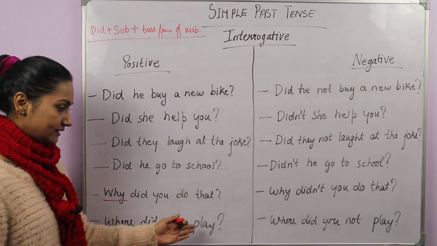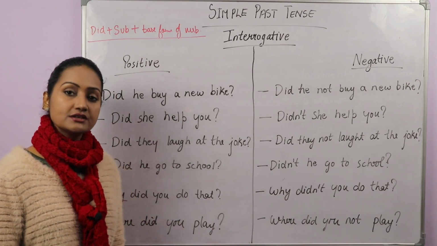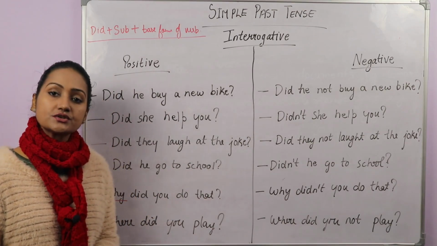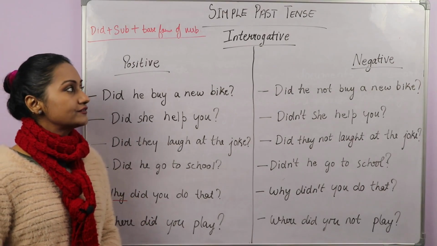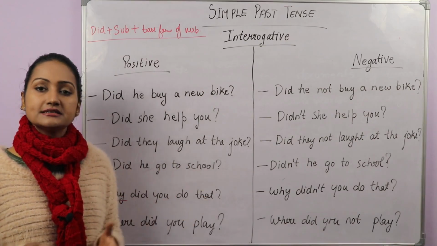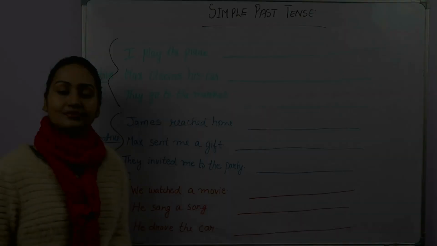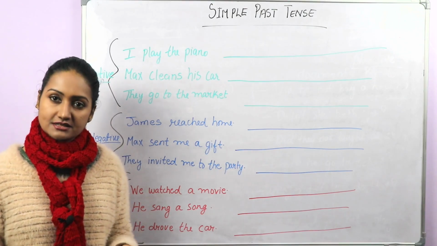Where did you play? Where did you not play? Where didn't you play? Okay, so if you want to use question words also, you know how to use them, and this is the way how you frame a question, a positive question and a negative question in simple past tense. Now we have understood all about simple past tense.